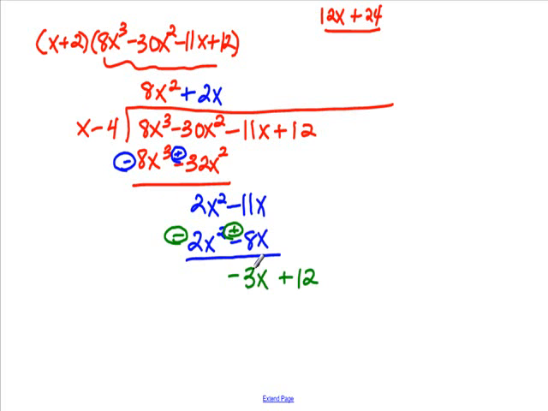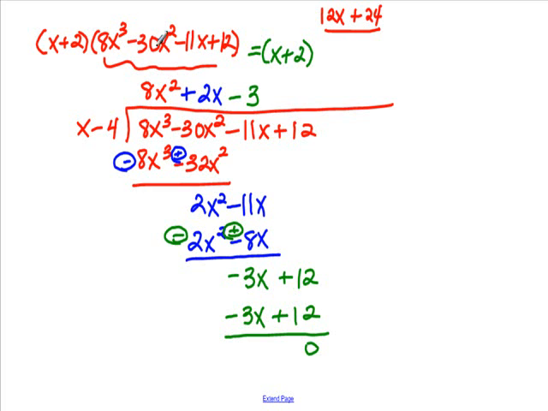X goes into negative 3x, a negative 3 times. So negative 3 times x is negative 3x. Negative 3 times negative 4 is plus 12. So again, the remainder is 0. So what that tells us now is that we can rewrite this polynomial, not a binomial, let me bring over the x plus 2 because that's from our original function.